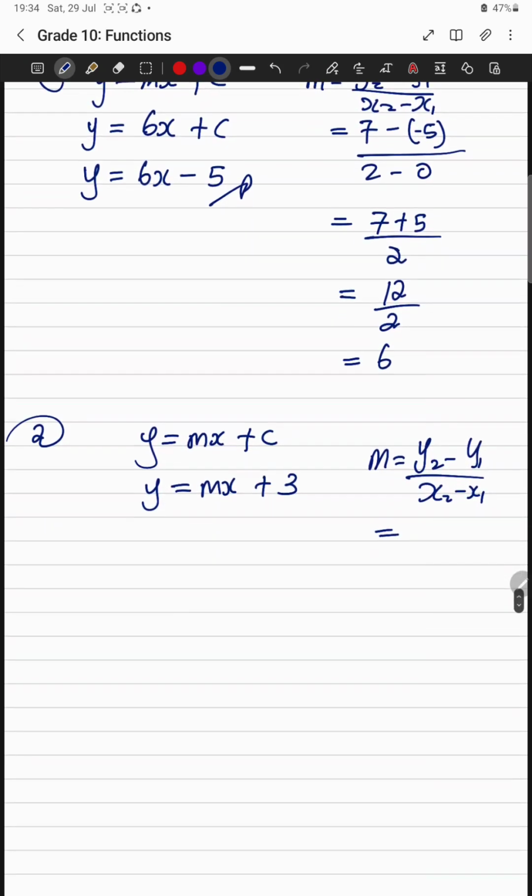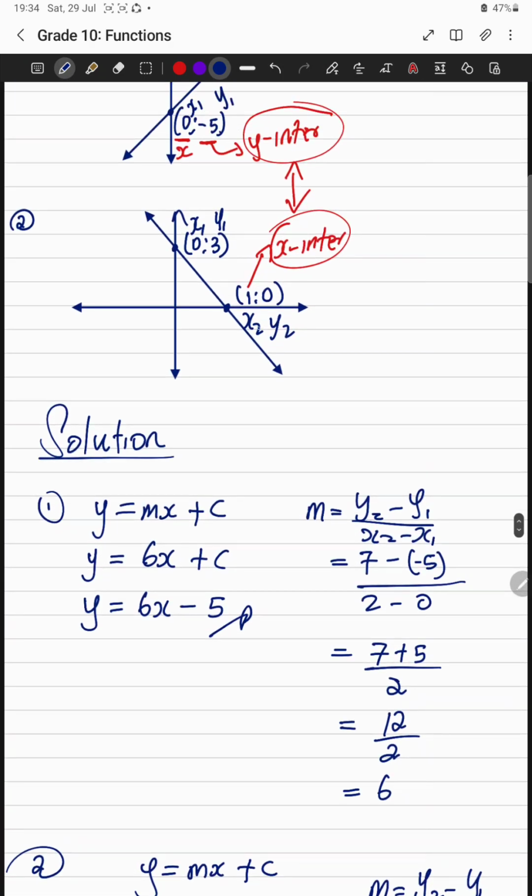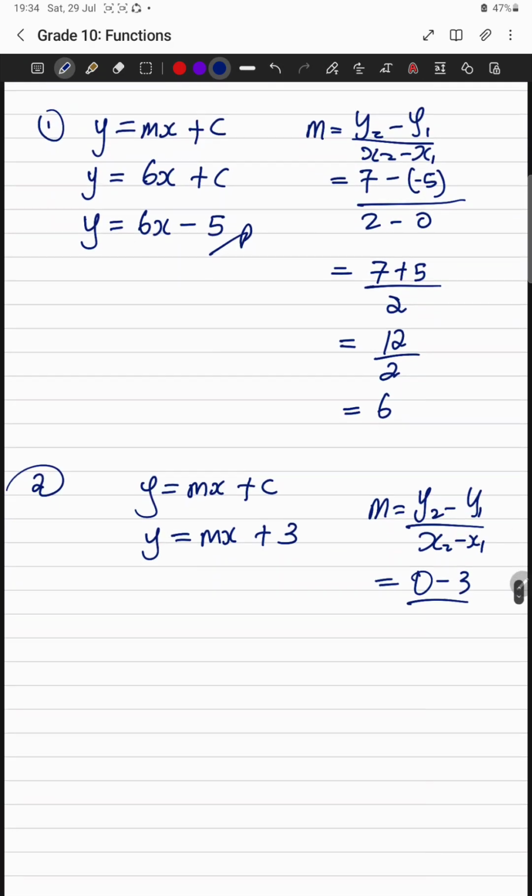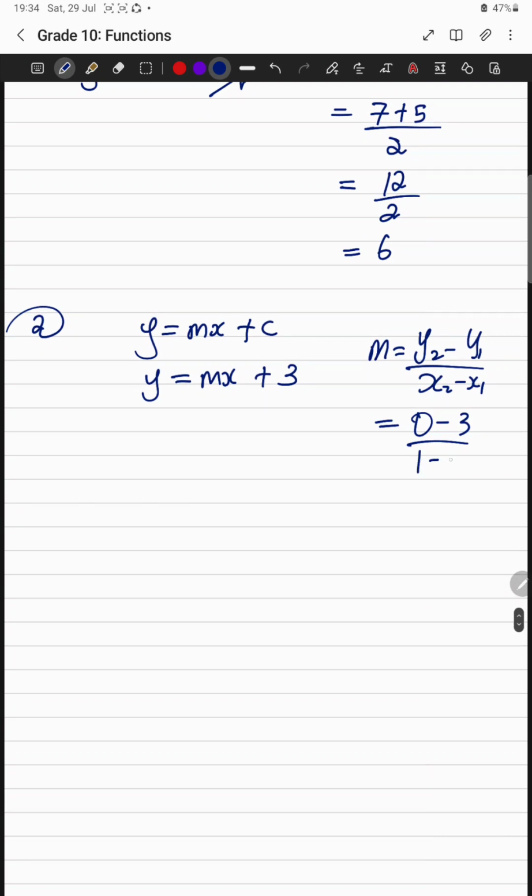So y2 is 0 minus 3, and x2 is 1 minus 0. Then we've got -3 over 1, which is -3. So that negative we're just going to plug in there. So we're going to say y is equal to -3x plus 3.